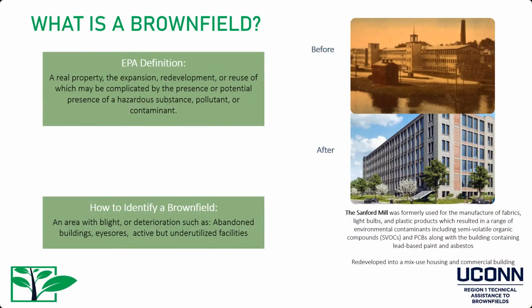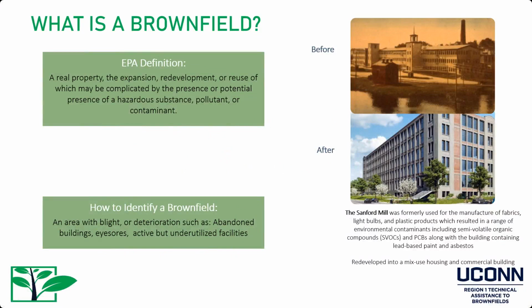EPA defines it as a real property where the expansion, redevelopment, or reuse of may be complicated by the presence or potential presence of a hazardous substance, pollutant, or contaminant. So quite a mouthful of words and very vague, and intentionally so. This is meant to keep an open idea and concept of what sites could fall into the brownfield category, but it does create enough boundaries that indicate what can and cannot.